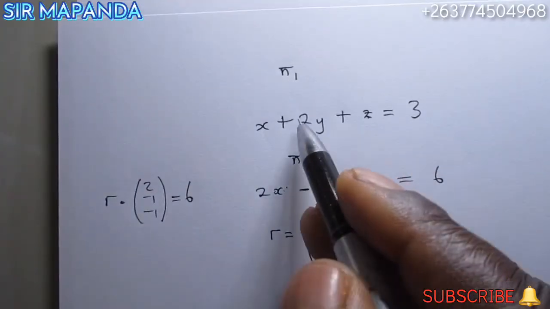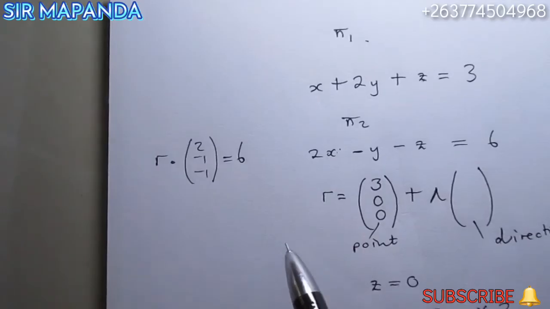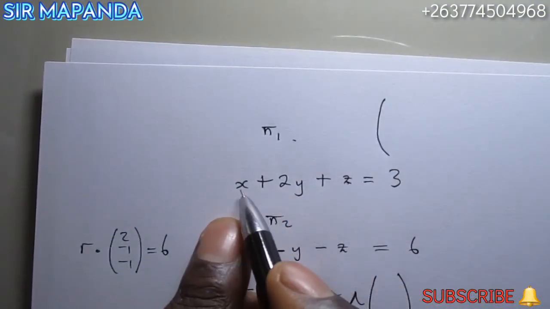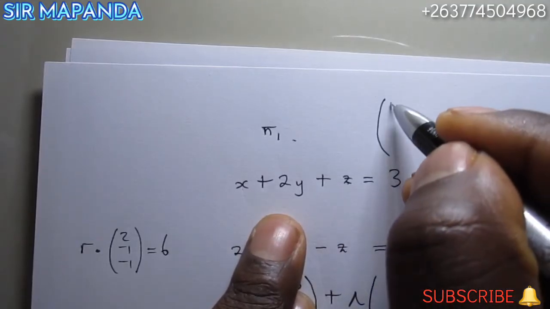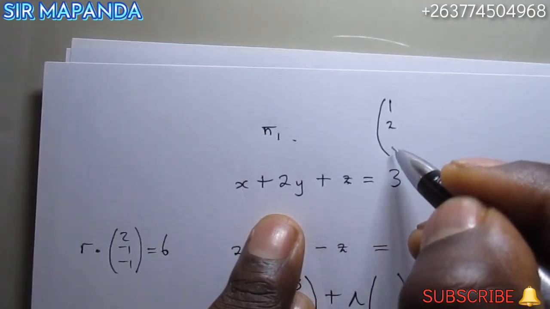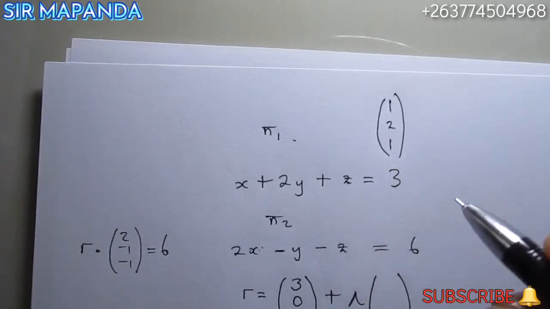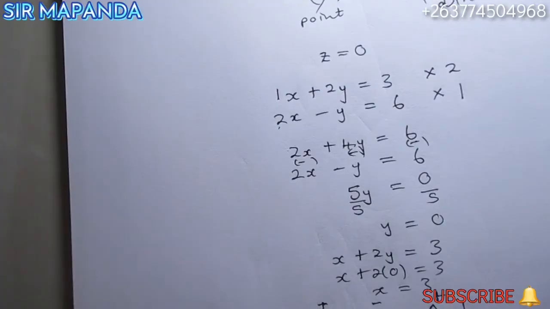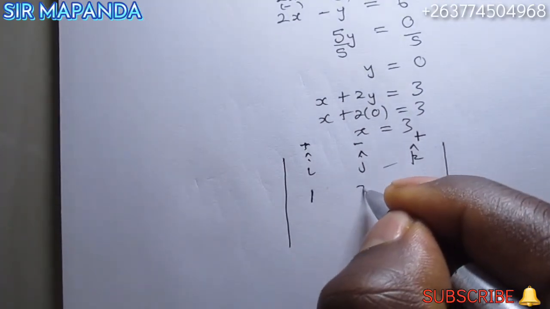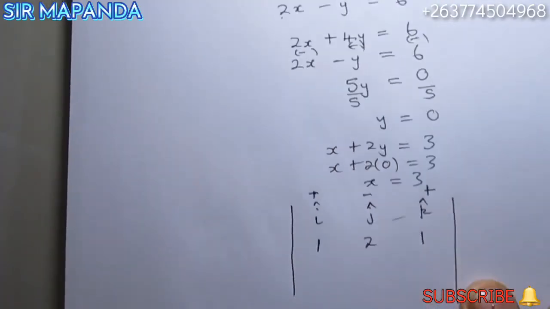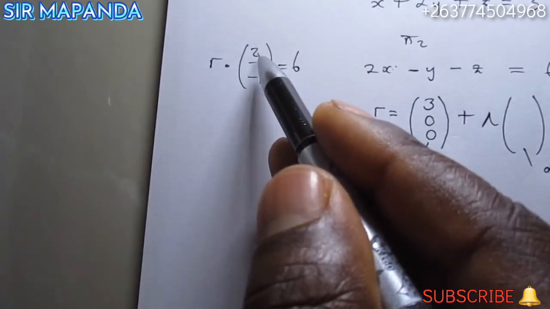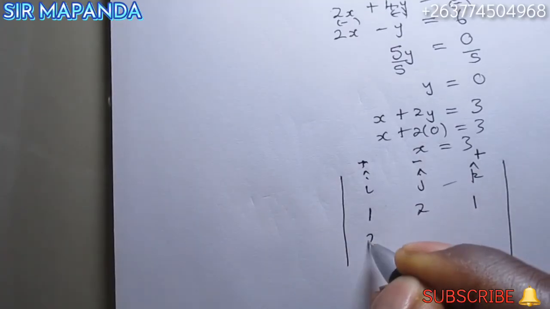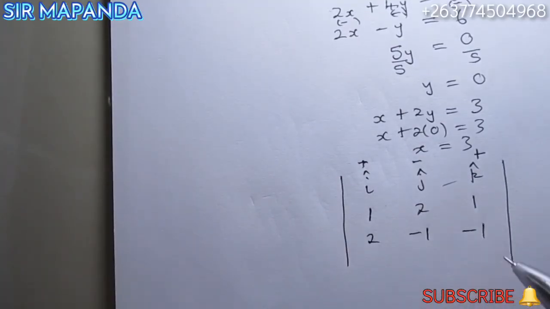So the normal vector of pi 1 is made up of the coefficients of x, y, and z. So we have 1, 2, and 1. Transpose this, it gives you (1, 2, 1). Then transpose the pi 2 normal vector, you get (2, -1, -1).